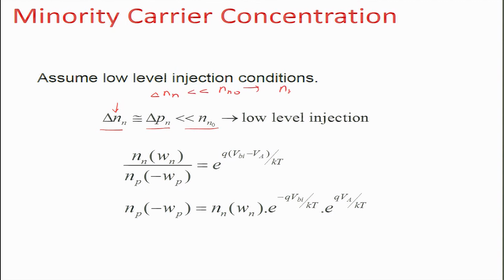Which means Nn naught is virtually constant, right? However, this delta Pn is nearly comparable to Pn naught. As a result, minority carrier concentration changes.